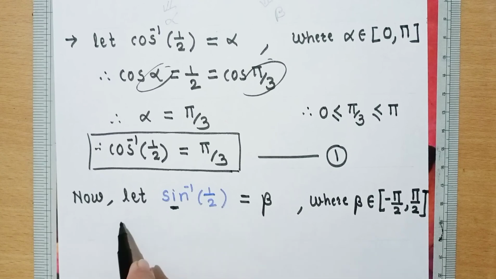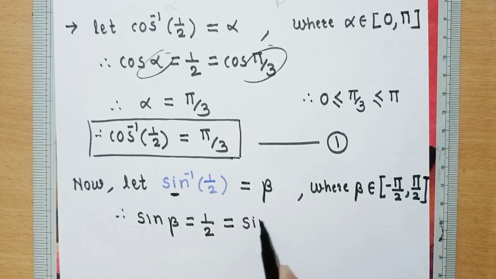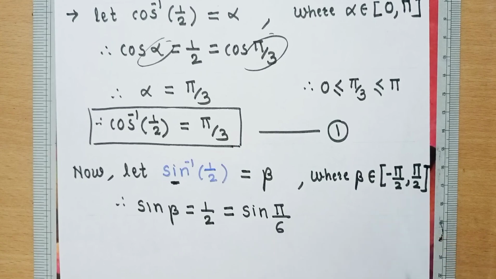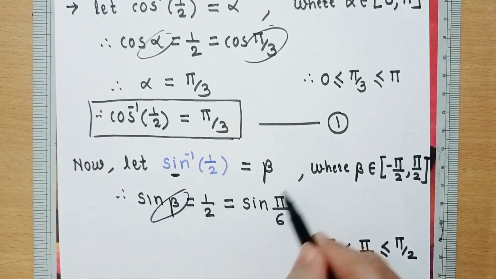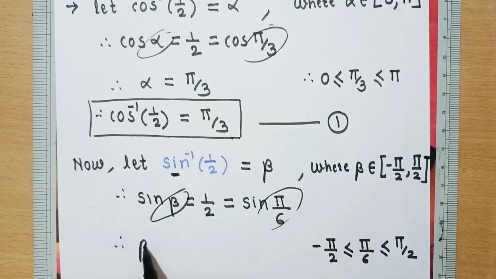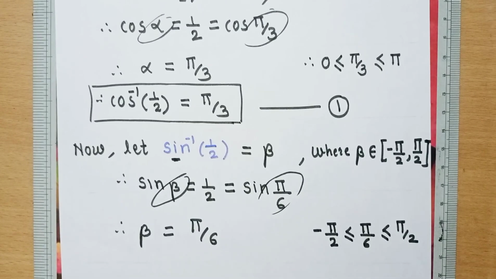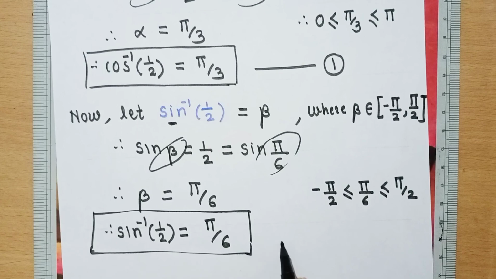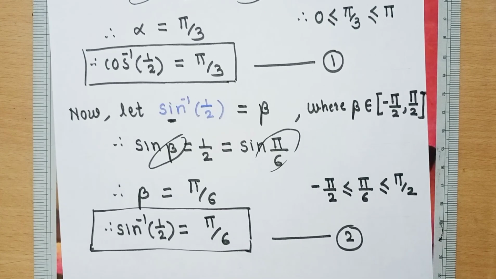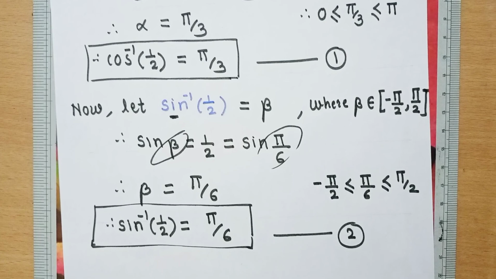Now move sine inverse here, and this half is the value of sine 30, means sine pi by 6, and this pi by 6 lies between, pi by 6 is less than or equal to pi by 2. Therefore we can say that beta equals pi by 6, and sine inverse of half equals pi by 6. So we have found the value of the second function.